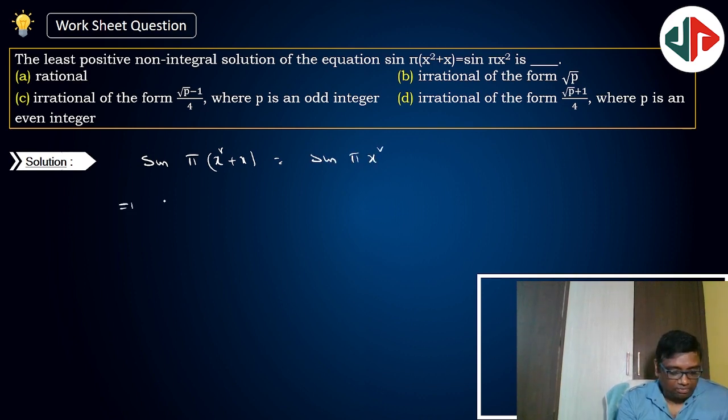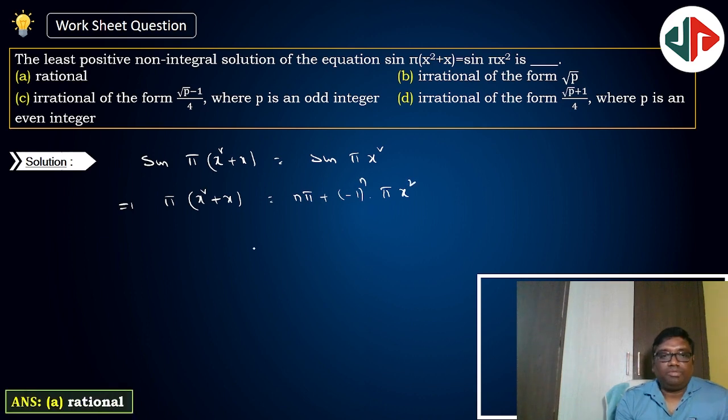By using the generalized formula, pi times x square plus x is equal to n pi plus minus 1 whole power n into pi times x square. So we can cancel pi. So the final answer: x square plus x is equal to n plus minus 1 whole power n into x square.